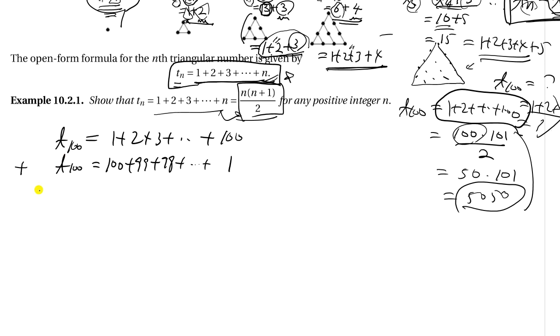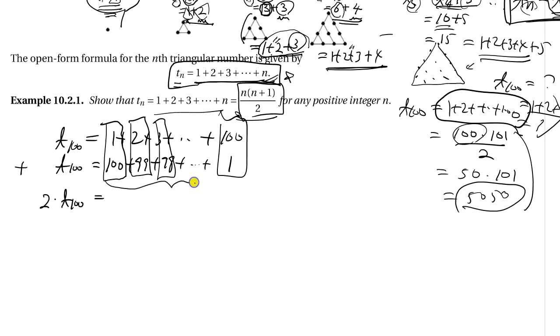So on the left hand side is double what we are looking for, 2 times T100. On the right hand side, when you look at each term and add them, it's always 101. And how many of them? 1 through 100, so we have 100 terms.